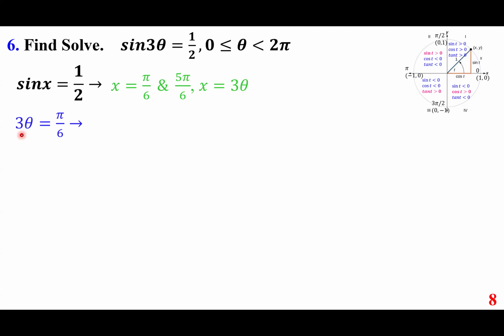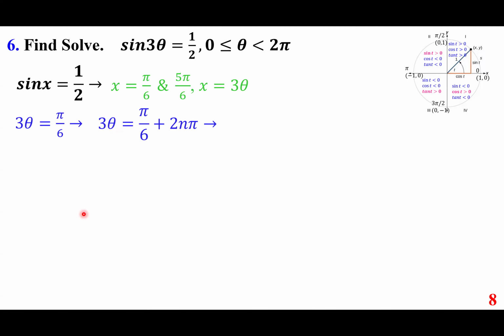The methodology for multiple angles, to get all of them, you must add 2n pi first. And then solve for theta.